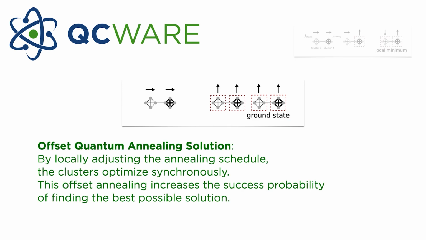Now, the idea of offset annealing is that you can anticipate this problem and you can adjust for it. You can reschedule your annealing procedure in such a way that the reaching of the ground state is happening in a synchronous manner, and thereby avoiding this problem of getting stuck in a local but not a global minimum.